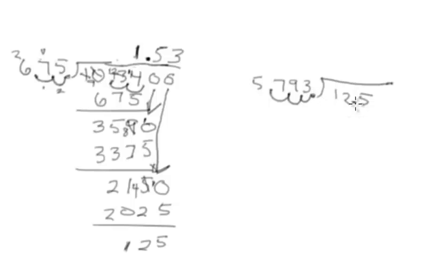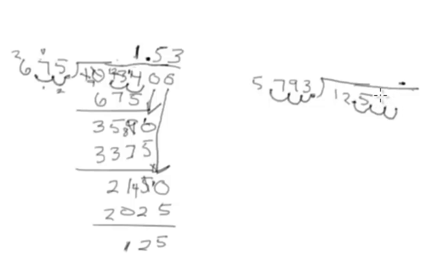So we move this one 3 places, and now my decimal place goes here, but you notice I have 1, 2, 5 and then 2 blanks.